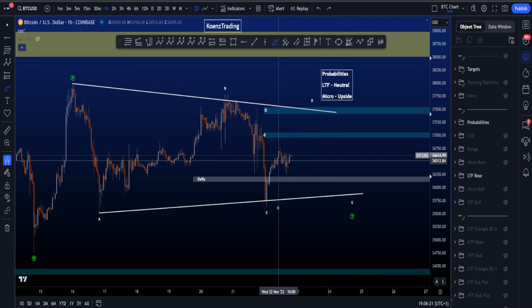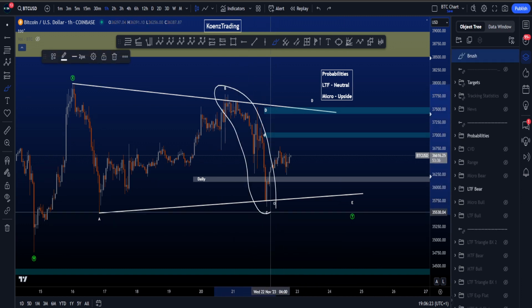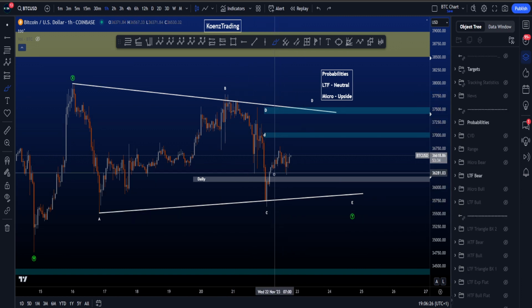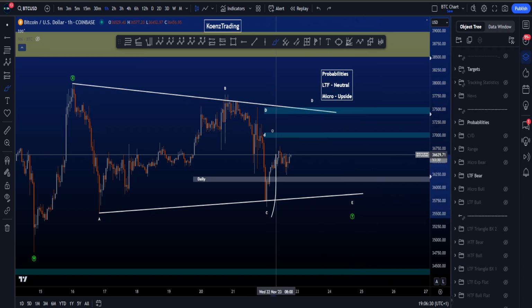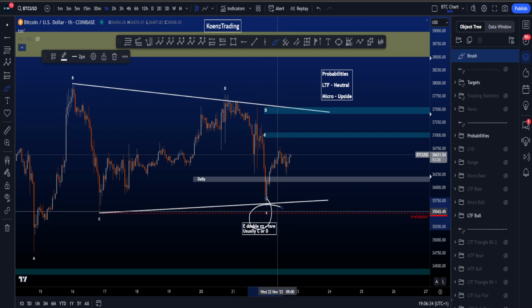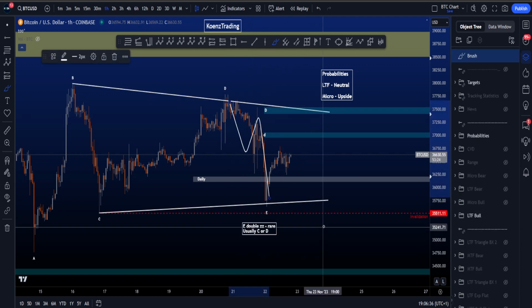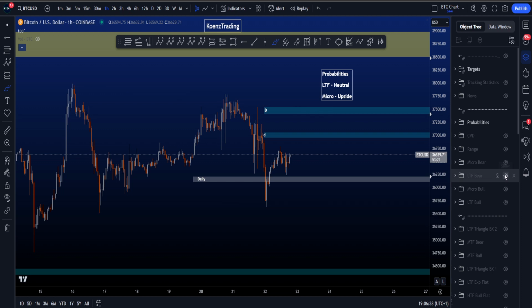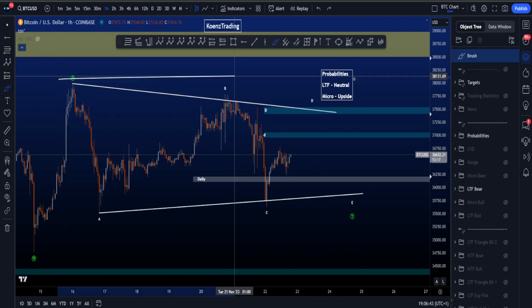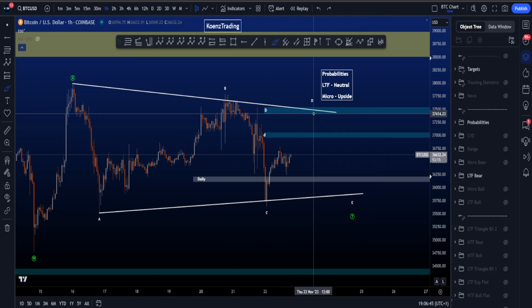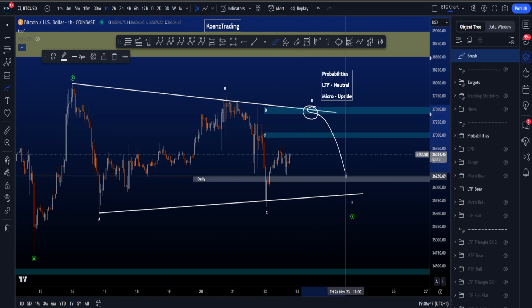But preferably, when looking at this structure to the downside, the probabilities would be higher for a D and then an E before then continuation to the upside, because a double zigzag is rare in a wave E, right? This structure in a WXY is actually not what you want to see in a wave E, which increases the probabilities for this scenario. So actually I should have written down that this scenario over here has a higher probability, with a rejection over here and a move to the downside.